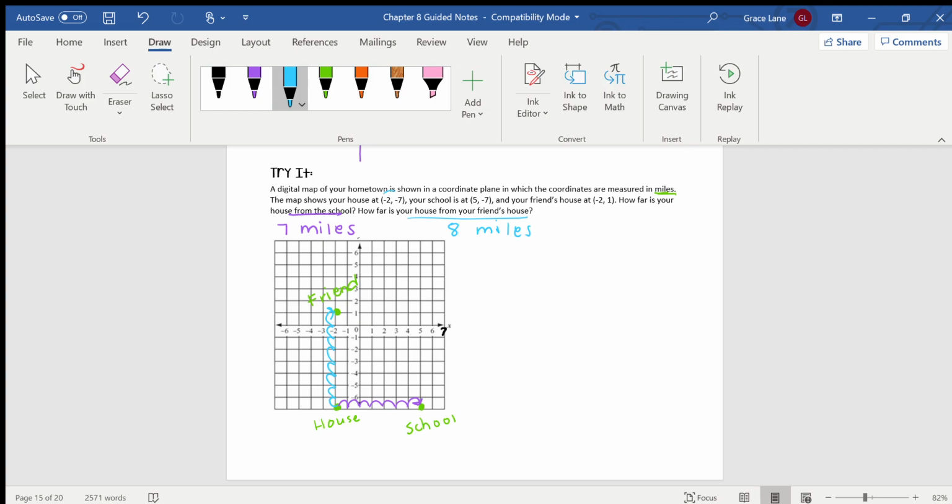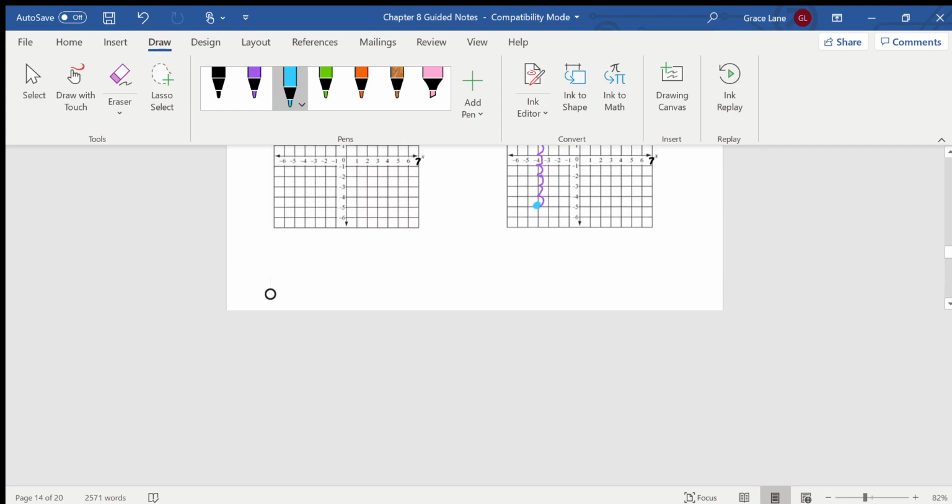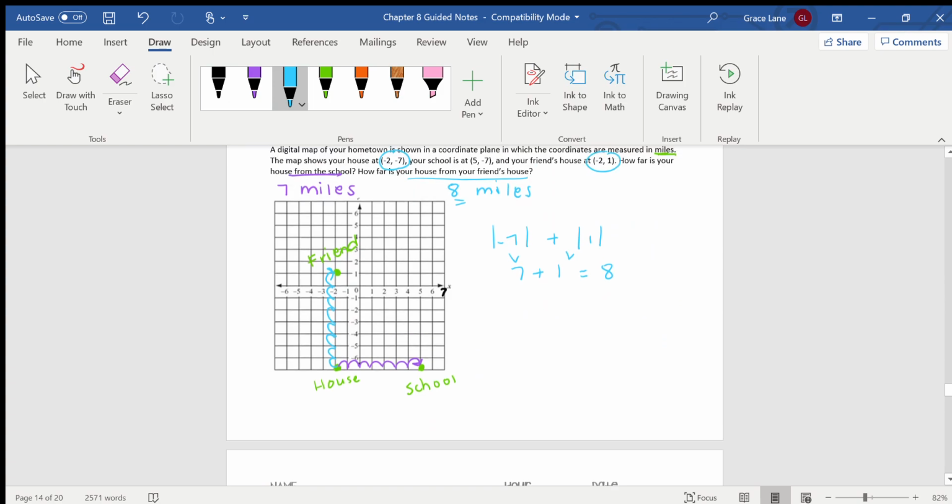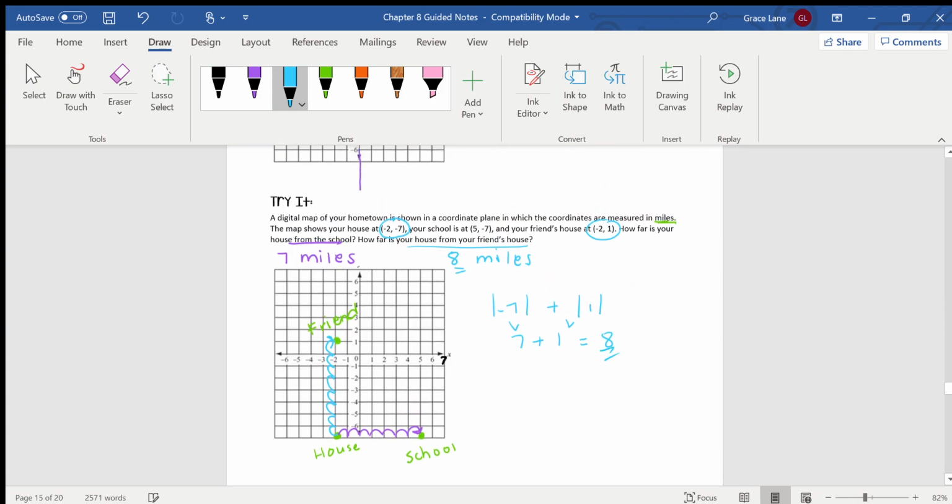So if you're doing, this is you, this is your friend, and you're going to add the absolute value, you would take the absolute value of -7 plus the absolute value of 1. So that's equal to 7 plus 1, which is 8. So again, you get the same answer either way you do it.